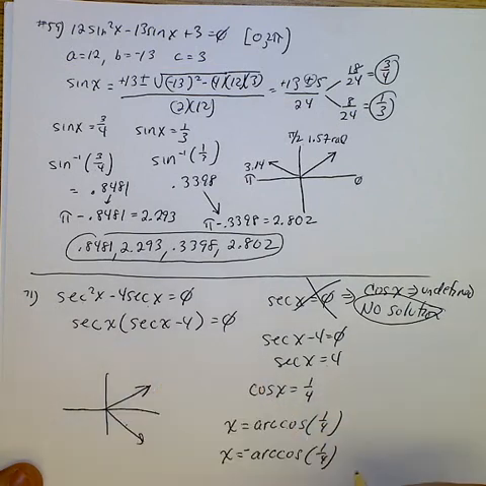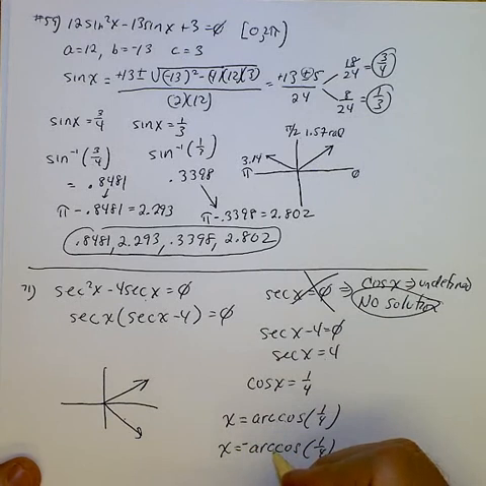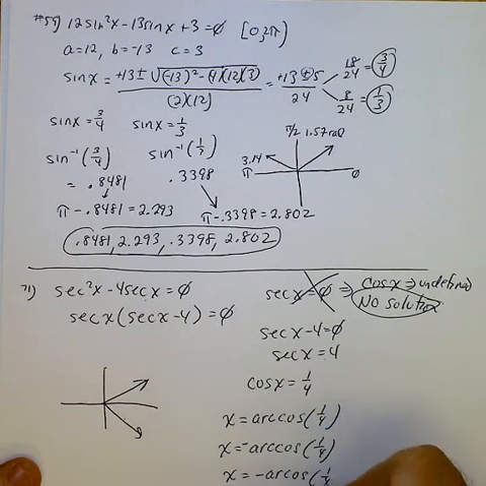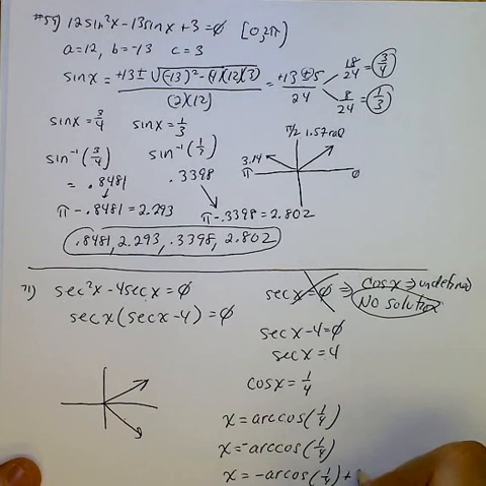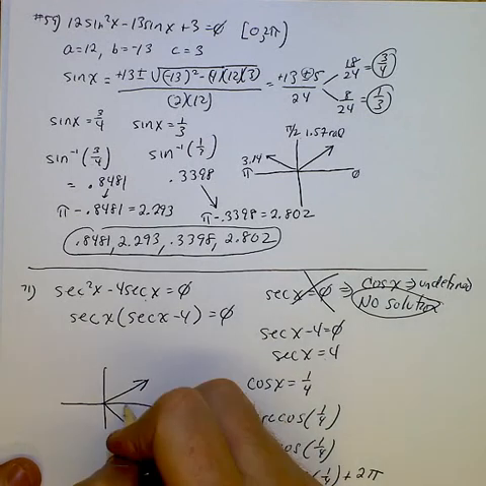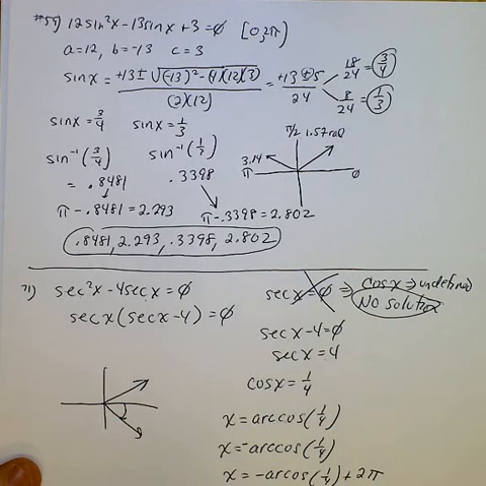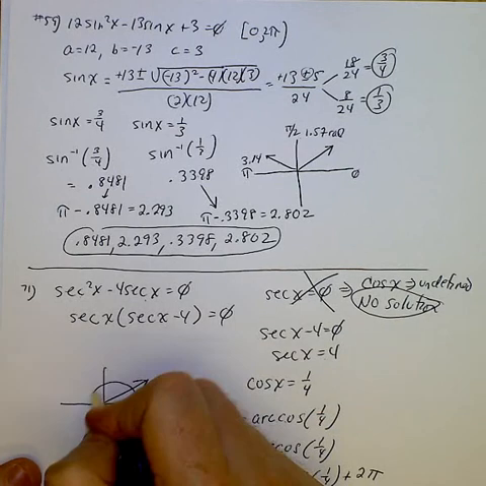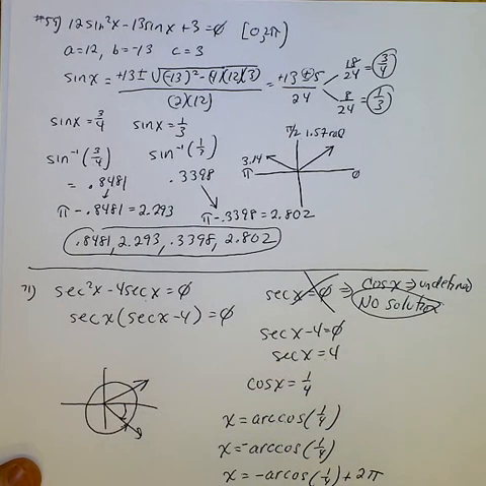We normally don't like to write our answers in terms of negative. So in terms of writing this as positive, we can rewrite it as x equals the negative arc cosine of 1 over 4 plus 2 pi. That's saying go down to here, which is the negative answer, but then add 2 pi. So we're showing a counterclockwise or positive view of the angle.